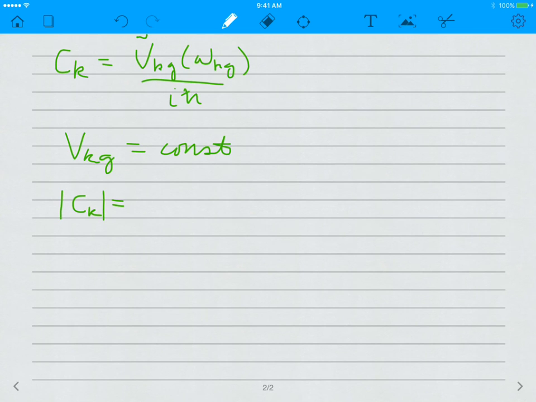So the probability of finding the atom in state k is V_kg quantity squared over h bar squared times t squared times sinc squared of omega_kg t over 2.